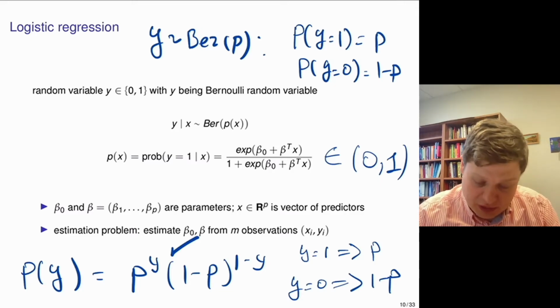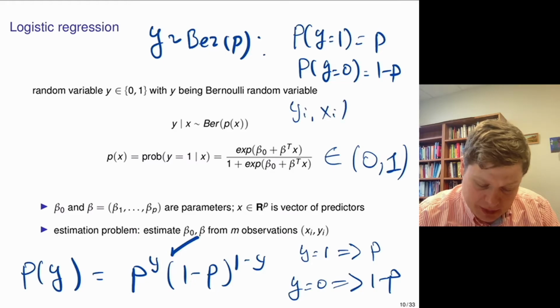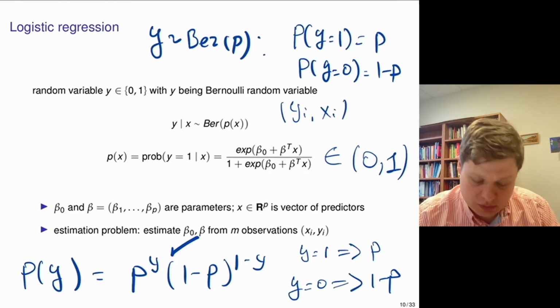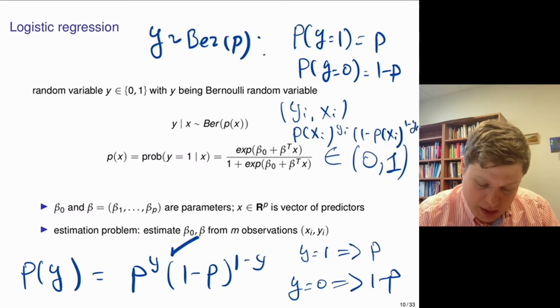So now we can write down the likelihood associated with an individual observation. If we have a pair yi, xi, then the likelihood associated with this pair is going to be p of xi raised to the power yi times 1 minus p of xi raised to the power 1 minus yi.